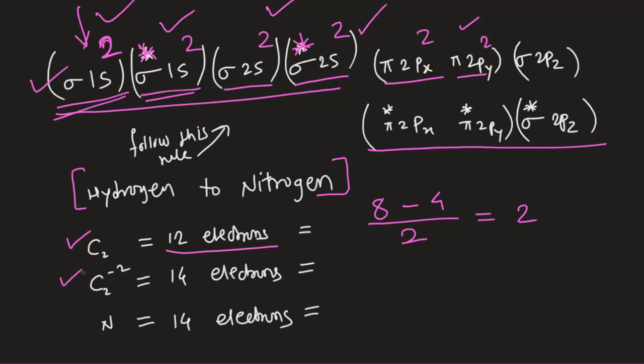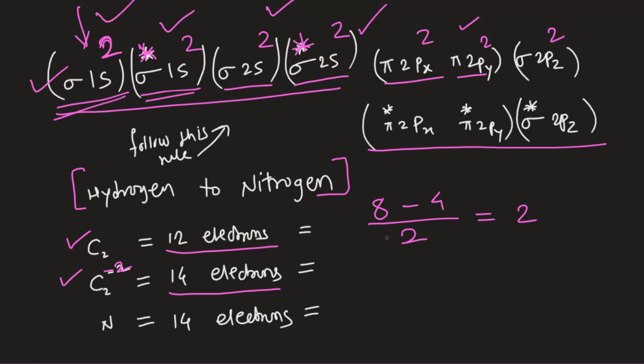Now let us take another example, C2 minus 2. So there are 2 extra electrons. Total electrons will be 14, because in C2 we had 12 electrons, and here we have minus 2, which means 2 extra electrons are added. So the total is 14 electrons. The configuration for this molecule will be that in the 2p orbitals there will be 2 extra electrons.